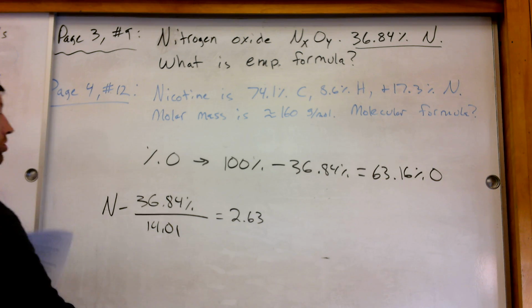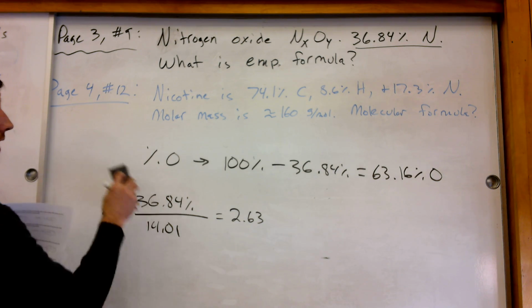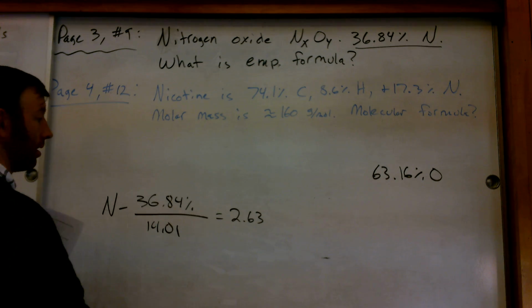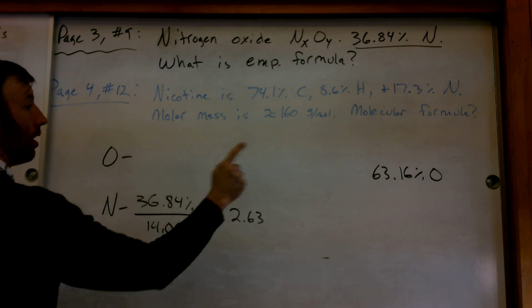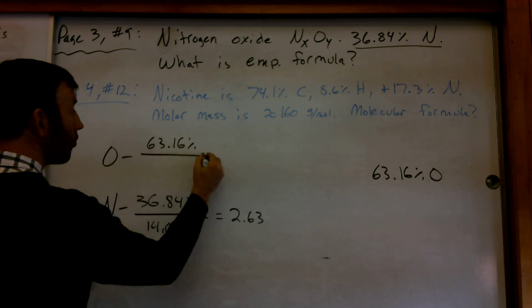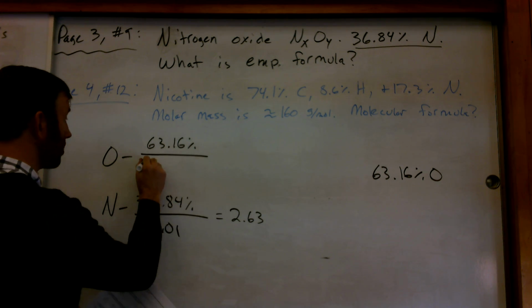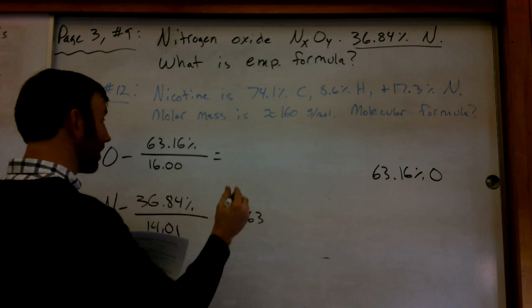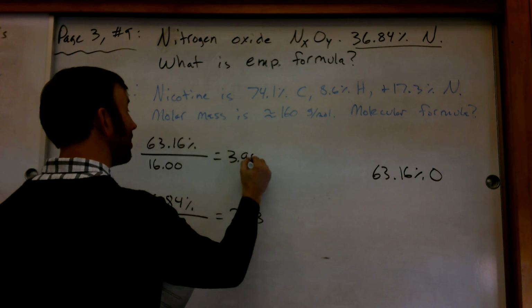Now I'm going to do the same thing for oxygen. I already have my percent, so I'm just going to leave that over there as a reference. For oxygen, I have 63.16% over the atomic mass of oxygen, which is 16.00. And when I do that, I should get 3.95.